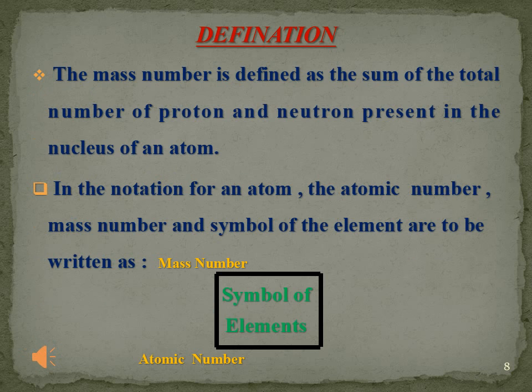Likewise, for aluminium it is Al, chlorine it is Cl, silicon it is Si. This is how you can write the symbol of the element in between.